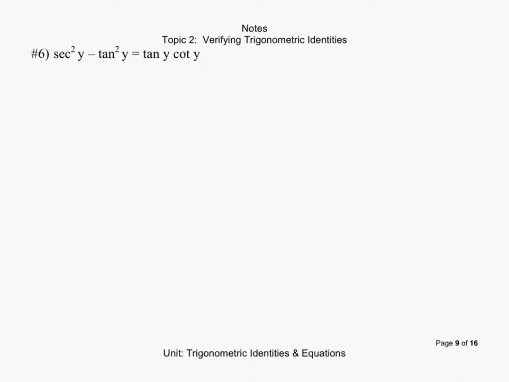Number 6. Secant squared of y minus tangent squared of y equals tangent of y cotangent of y.